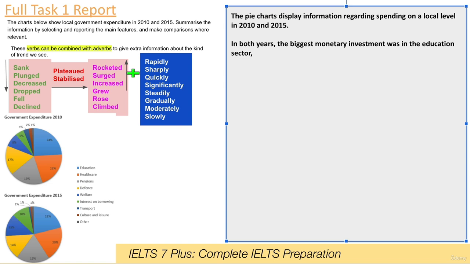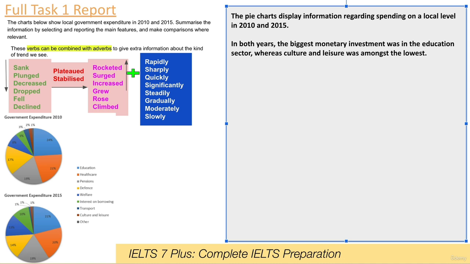We're not going into detail though. We could expand this a little bit and say, what was the lowest? Culture and leisure. So we could say, whereas culture and leisure was amongst the lowest.